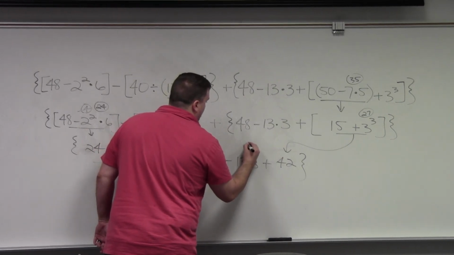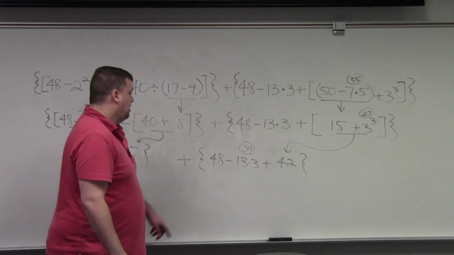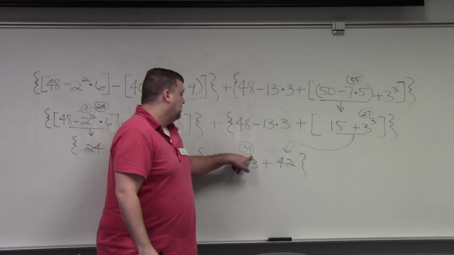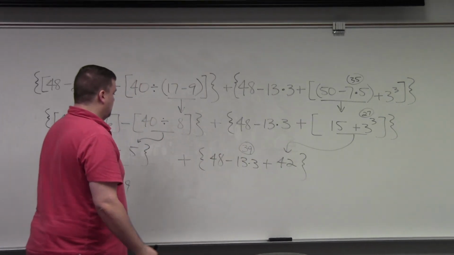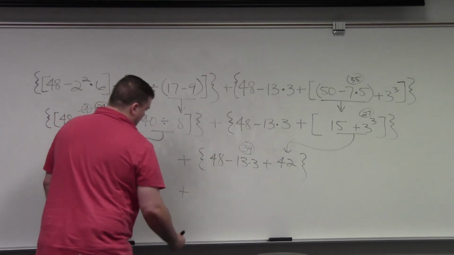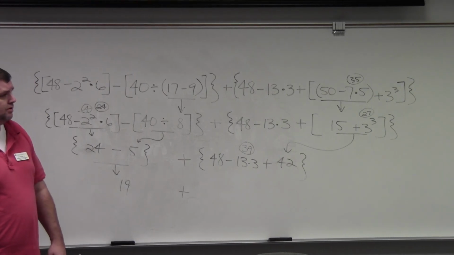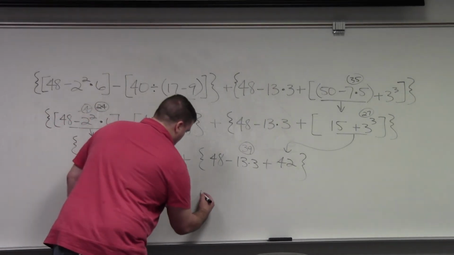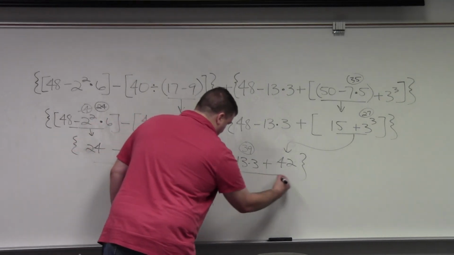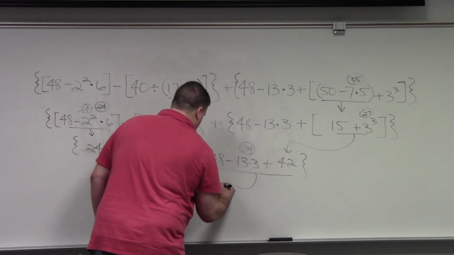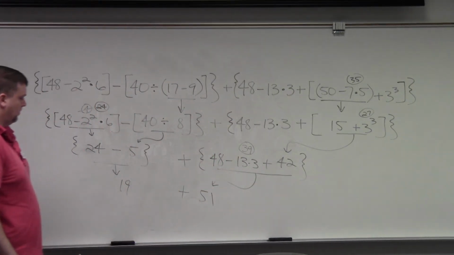All right, we have to do that multiplication first. 48 minus 39 is 9. And then 9 plus 42, 51. So all of this works down to 51.